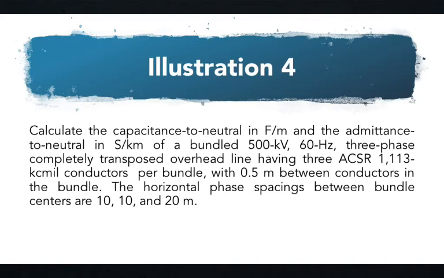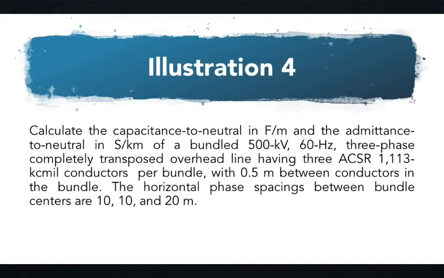There are ACSR details given, which is 1,113 kcmil conductor per bundle. The spacing between the bundle and between the conductors are also given. Now we have to get the capacitance to neutral and the admittance to neutral.